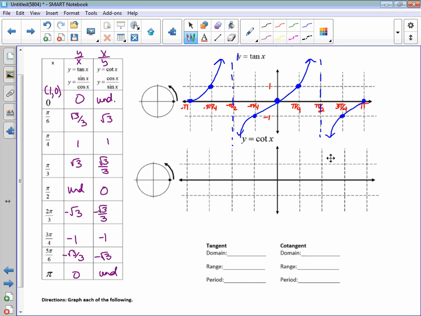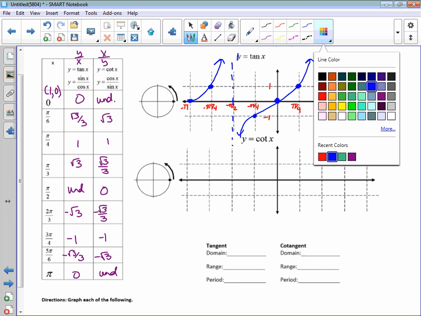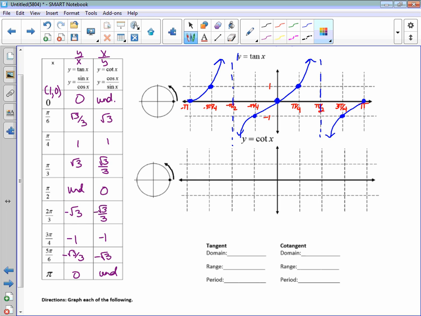All right, you are now going to try to do cotangent. So I'll label the x-axis the same way. Kind of, yeah. It's very close.